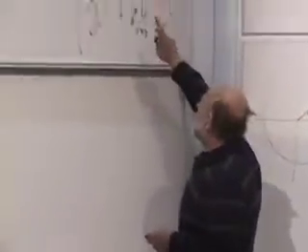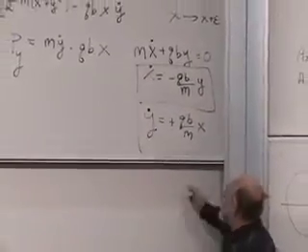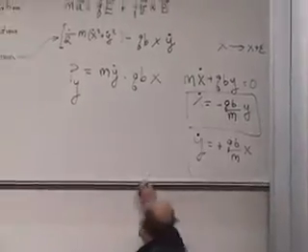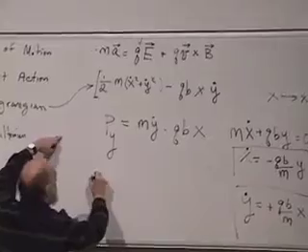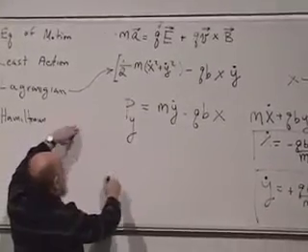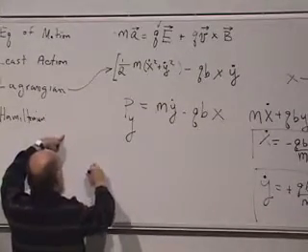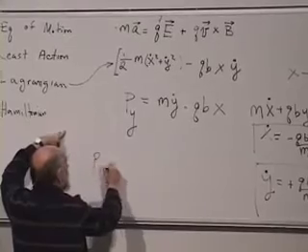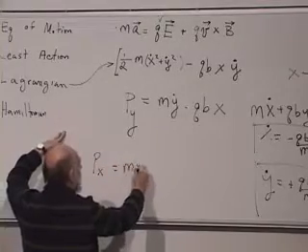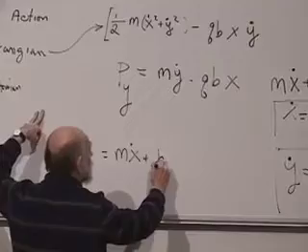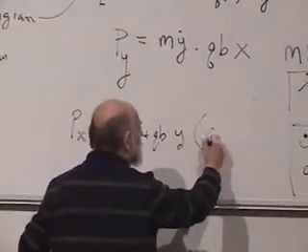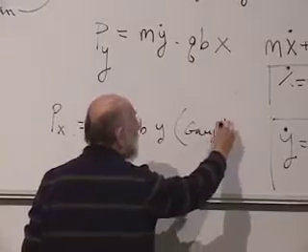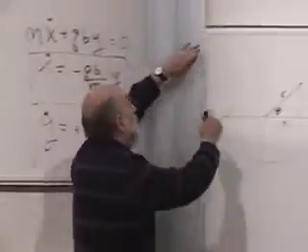What happens if I did not require px, let's write this correctly. I think we had px is equal to m x dot plus qby, but that was in gauge number 1. Gauge number 1 means this one over here.